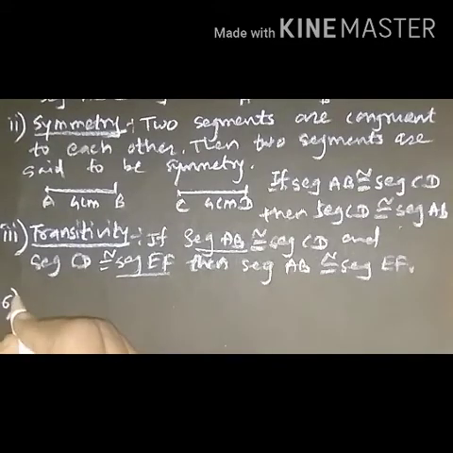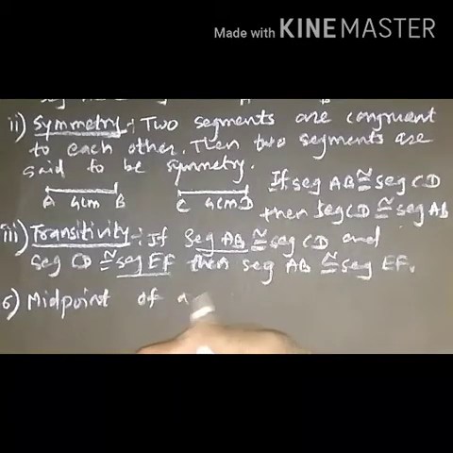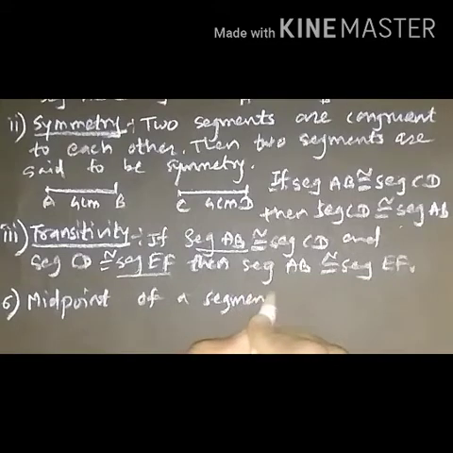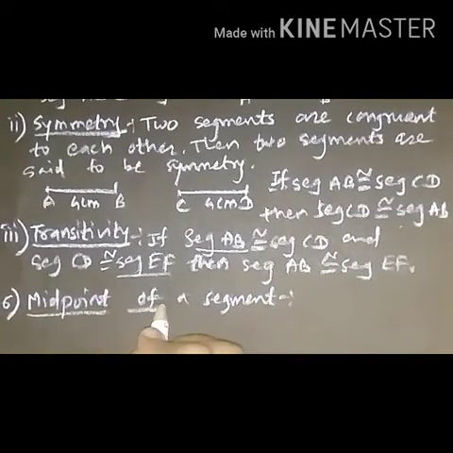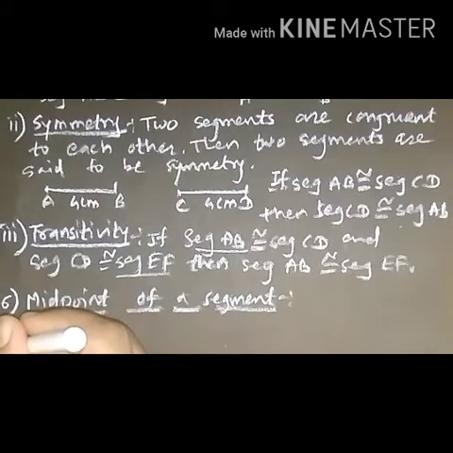Now let us see point 6, midpoint of a segment. Here we have a segment and we have to find the midpoint, which is equal from both sides.